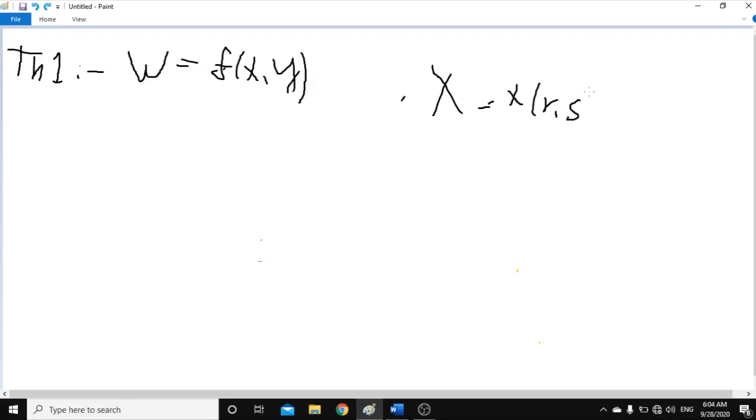See, the two theorems that I told you consist only of t, which means one variable. But this one talks about two variables, or maybe more. It depends on the question that you get. And let's say, for example, y is equal to y of r and s.